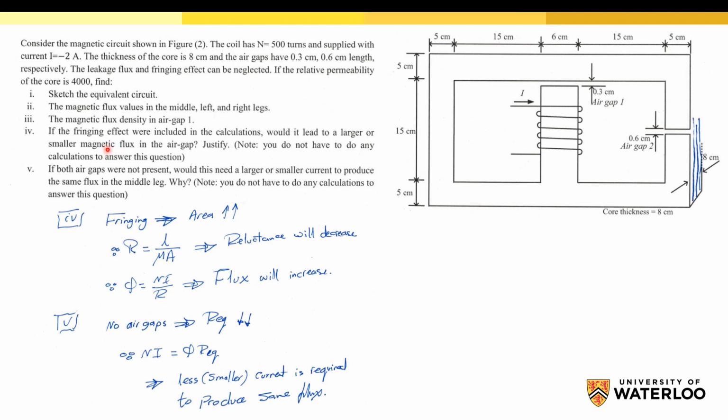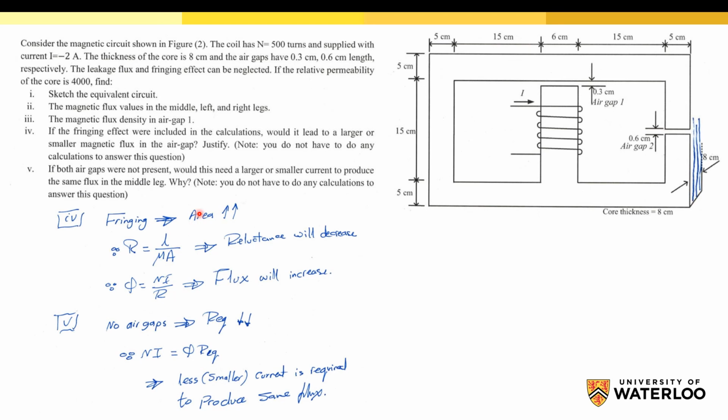If the fringing effect were included, would it lead to larger or smaller magnetic flux? Okay, if we include the fringing, this will lead to more area in the air gap.